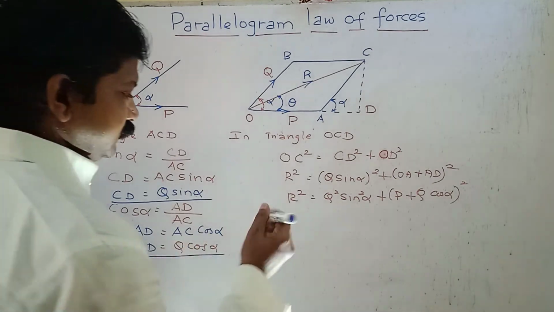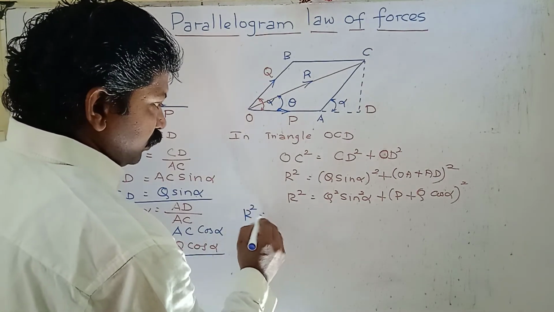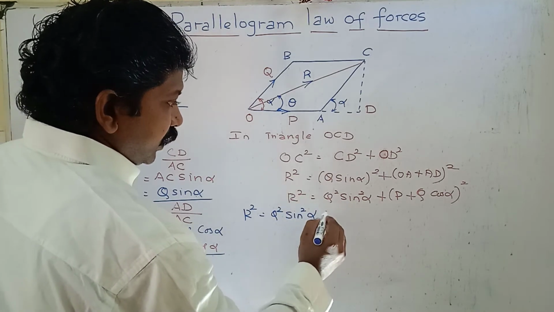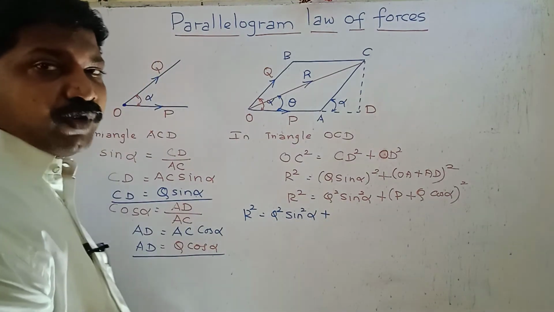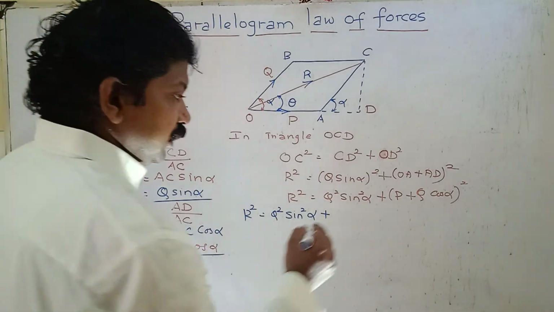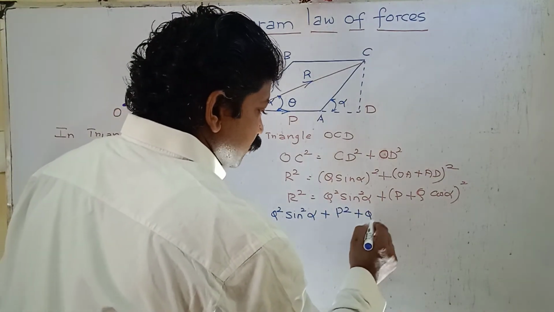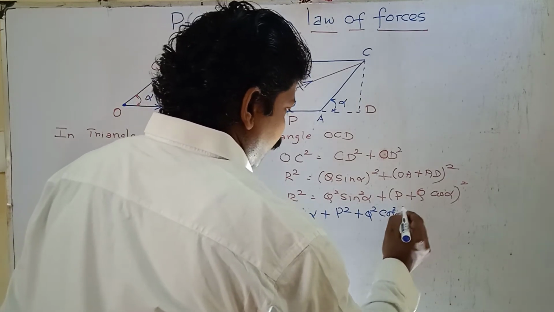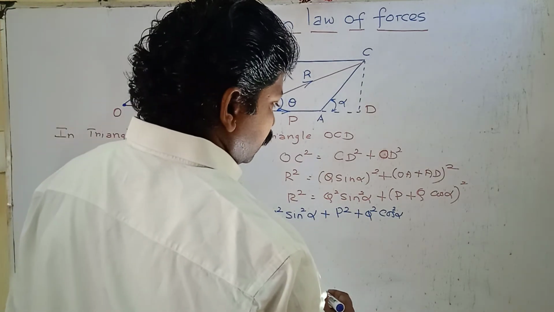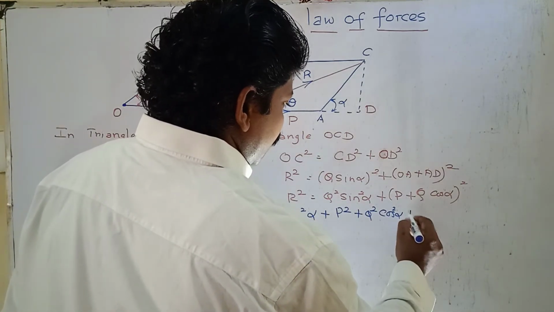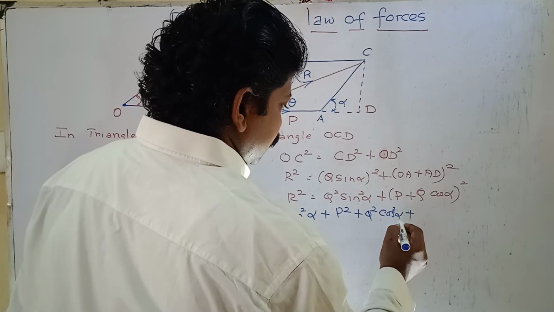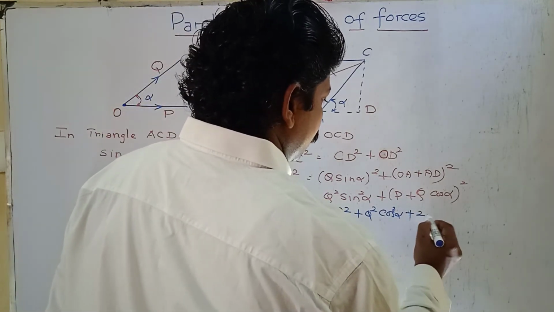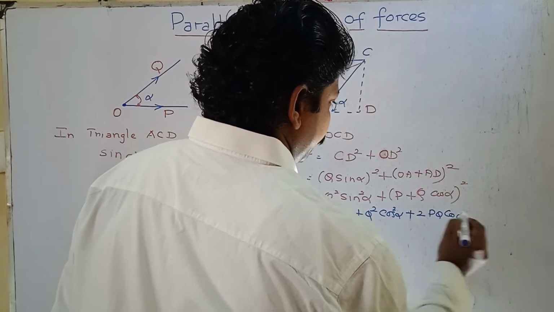So from that, R square equals Q square sin square alpha plus P plus Q cos alpha the whole square. Using the formula (A plus B) whole square equals A square plus B square plus 2AB, we get P square plus Q square cos square alpha plus 2PQ cos alpha.